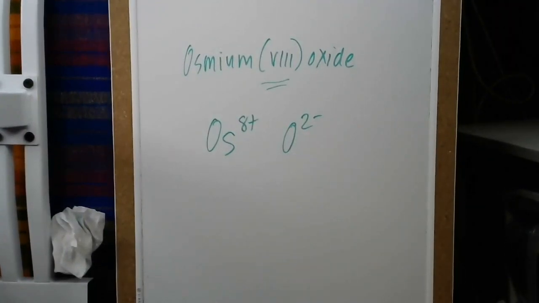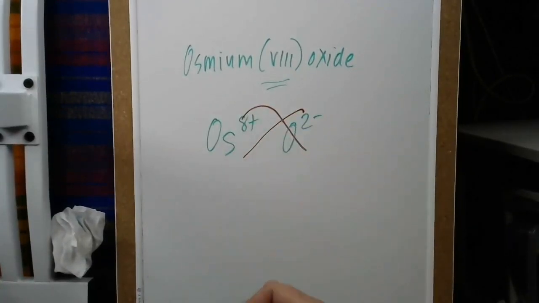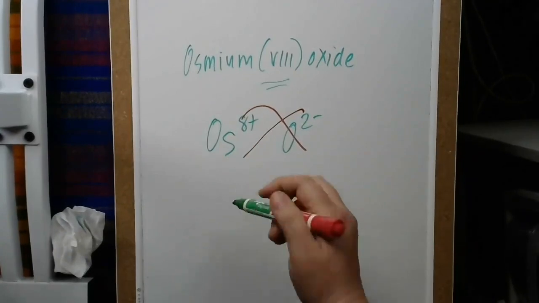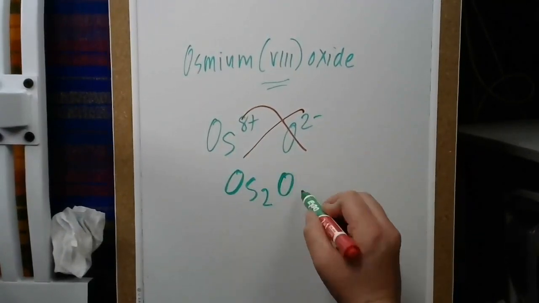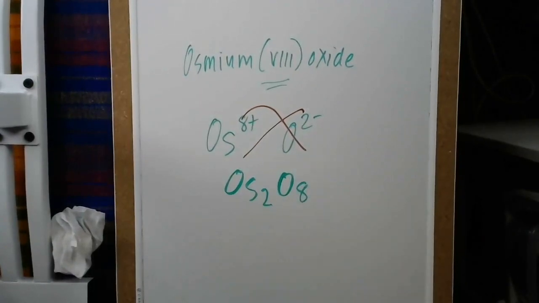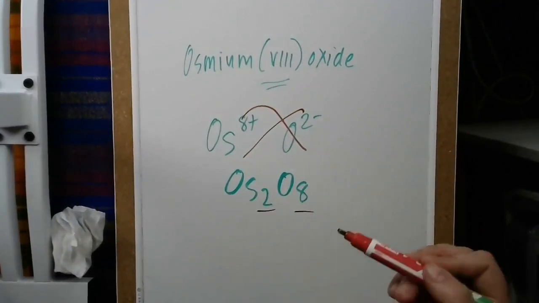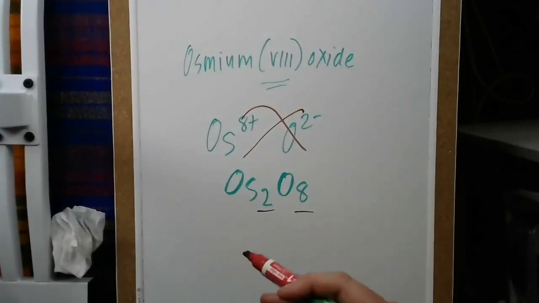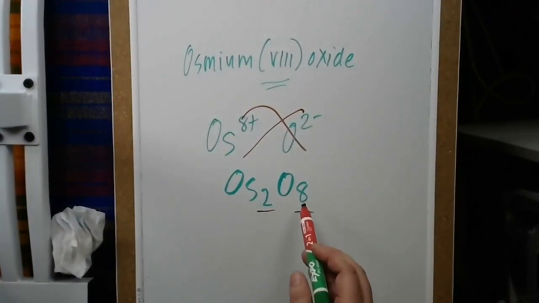Okay, so now we're going to do our little crisscross and we get Os2O8. But then we say to ourselves, no, I'm not going to leave it like this because I can reduce these. And I'm never going to leave an ionic formula in an unreduced form. So I can divide both of these numbers by 2.